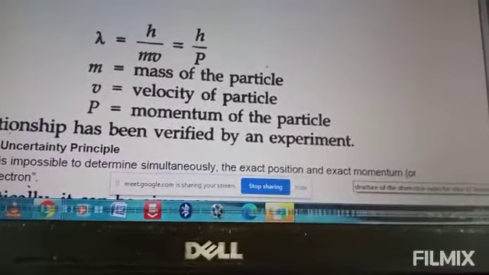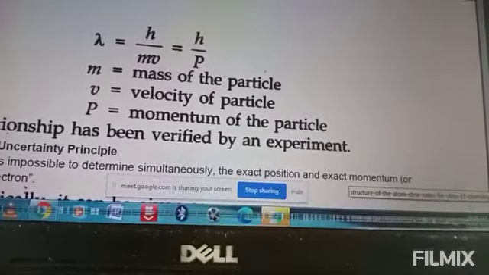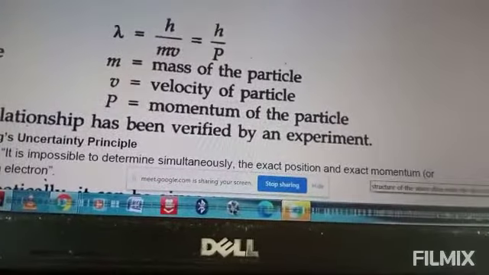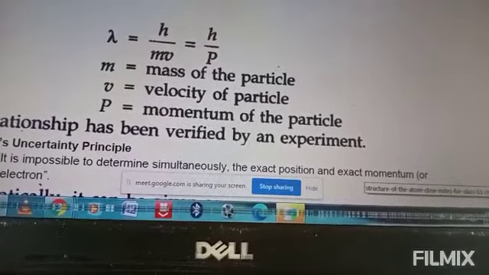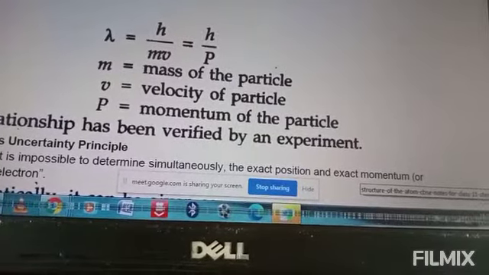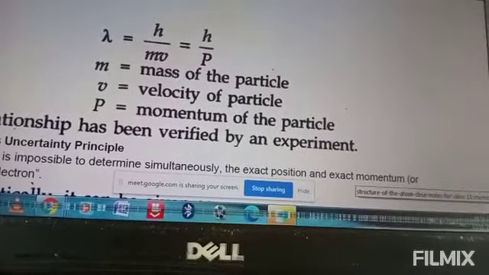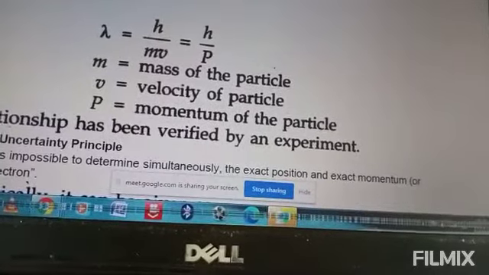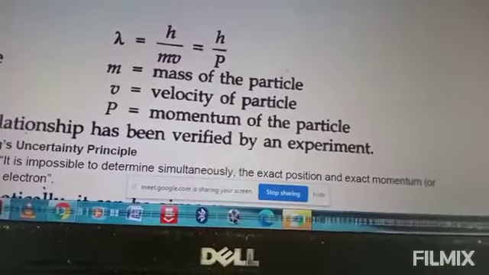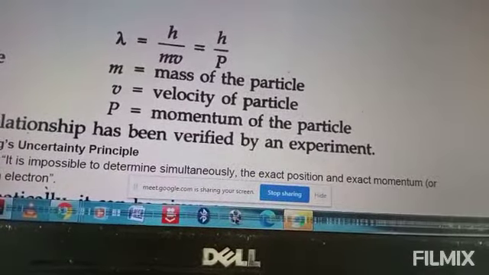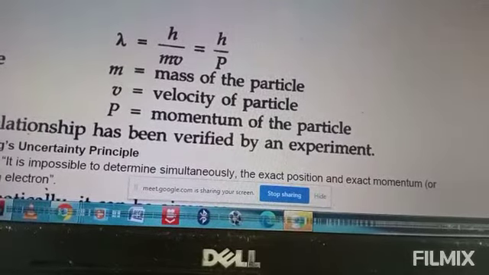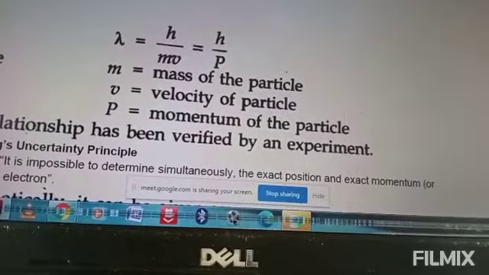Now let us see problem 2.12 on page number 46. What will be the wavelength of a ball of mass 0.1 kg moving with a velocity of 10 meter per second? So you need to find lambda. Lambda is equal to h by mv is the equation. Here m equal to 0.1 kg and v equal to 10 meter per second.